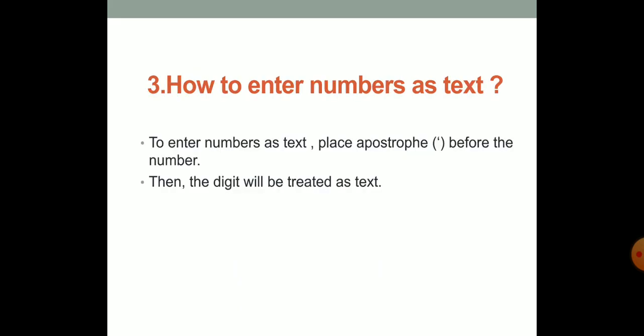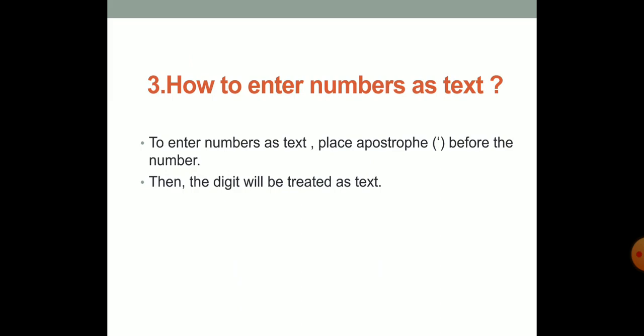Now coming to question number 3, how to enter the numbers as text. To enter the numbers as text, we have to put an apostrophe before the number. Note down the spelling for apostrophe. You have to write it 5 times and see, because it's a very new word and its spelling is a bit difficult for you to remember.